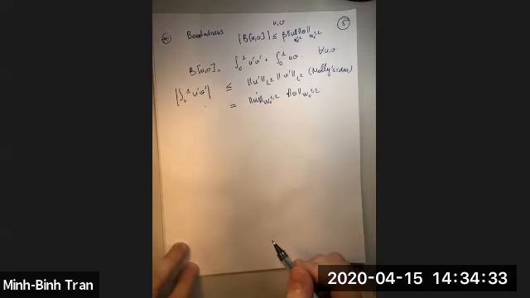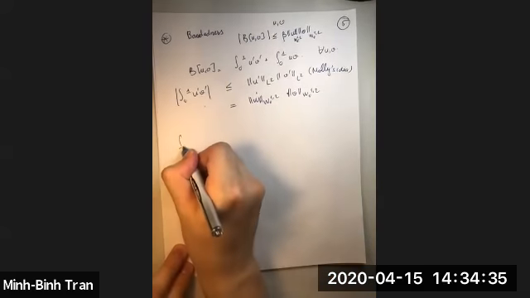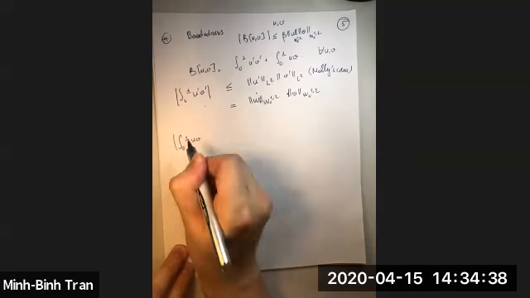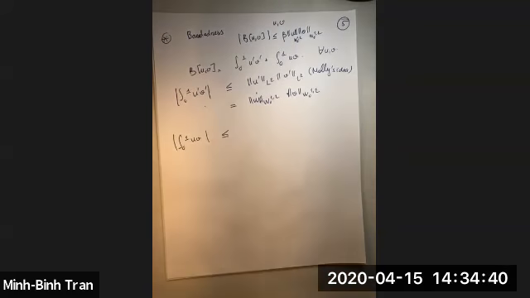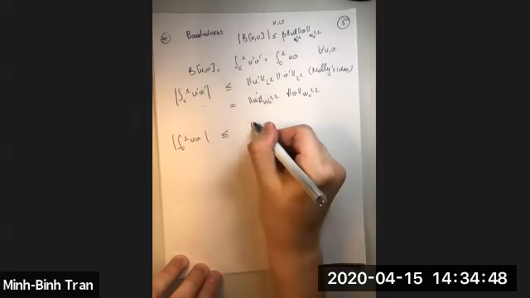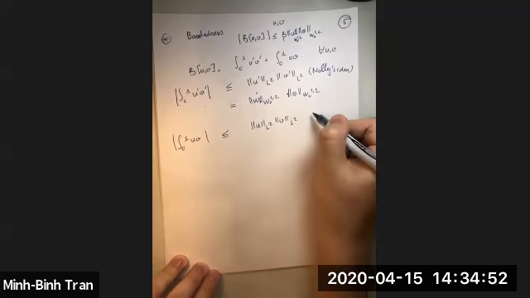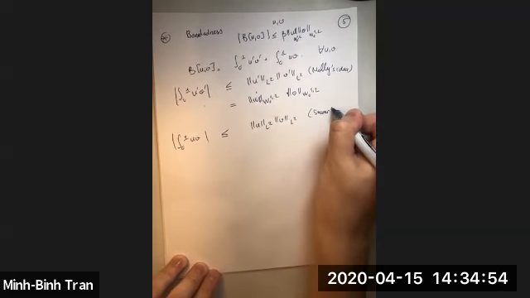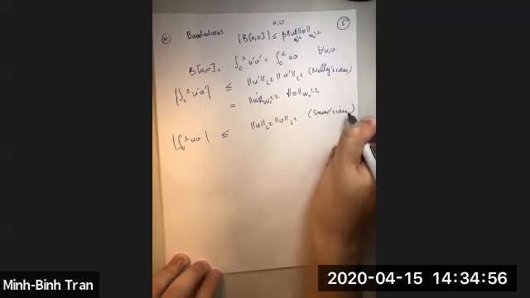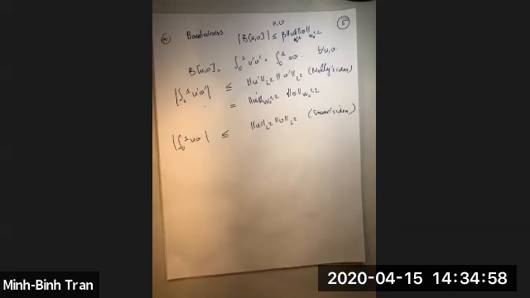Now I pick the second one. How can I bound the second one? The same way, right? I'm going to use Holder inequality. So now I bound it the same way using Holder inequality.